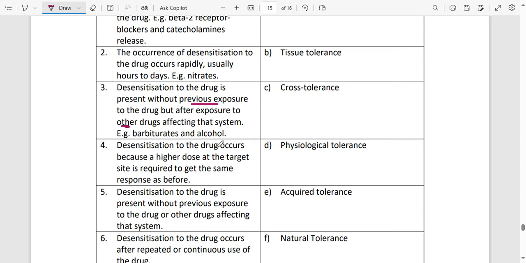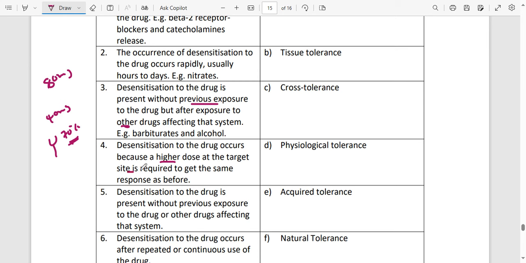Initially, let's say you are getting a 70% response with only 40 milligrams of the drug. But to get this same 70%, you now need, let's say, 80 milligrams at the same receptor. That is tissue tolerance. It's the tissue, the same site.